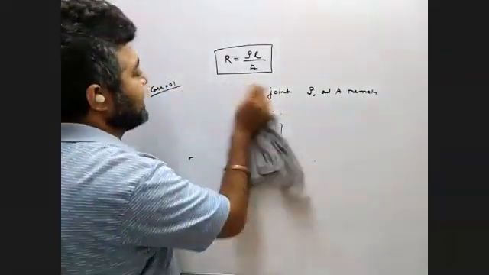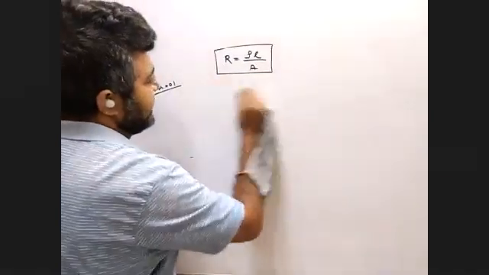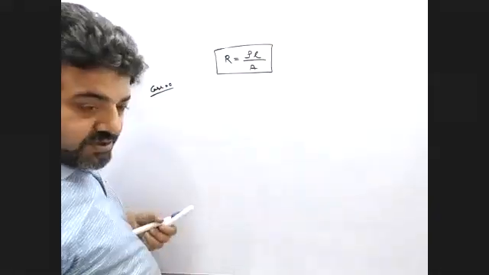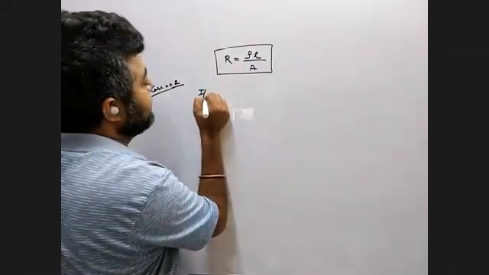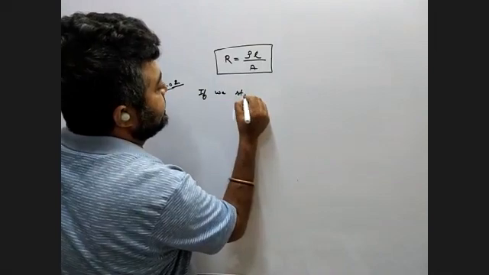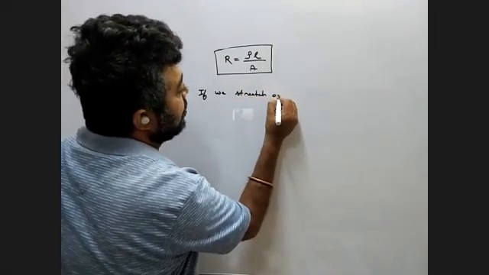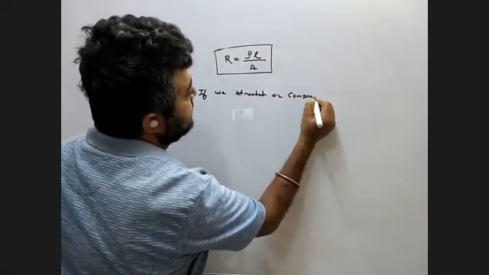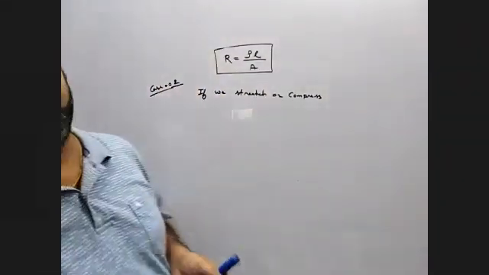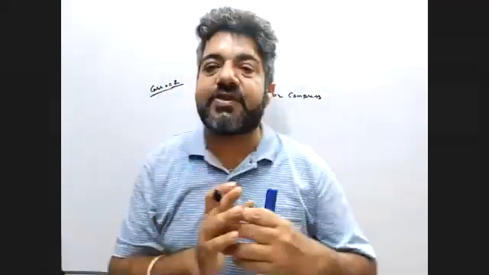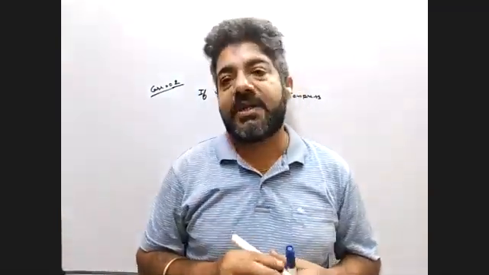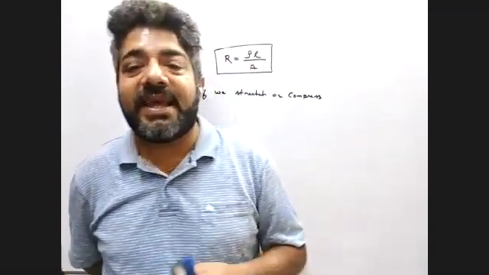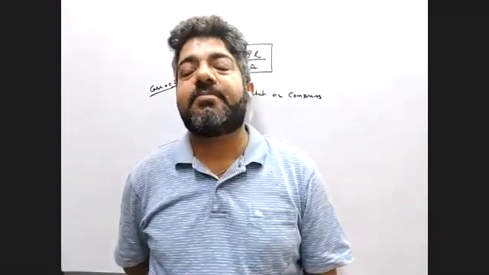The second and third parts are very, very important for your class 12 exam. Case 2: if we stretch or compress a wire, that means when you stretch a wire in parts, your length L becomes nL, and if you compress it, your length becomes L by n.